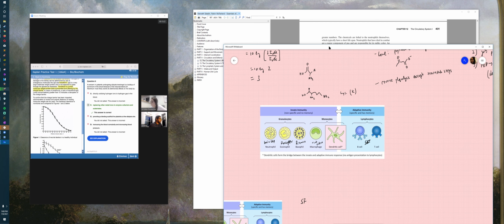The three categories are granulocytes, which contain granules so they release little things; monocytes, which don't; and lymphocytes, which originate from the bone marrow, so that's where the B cells and the T cells are. I have to go over this.